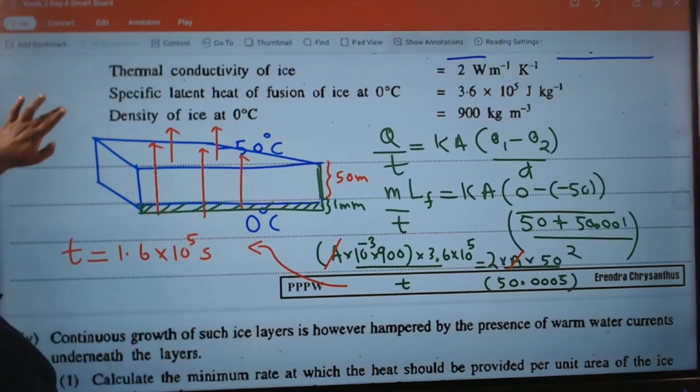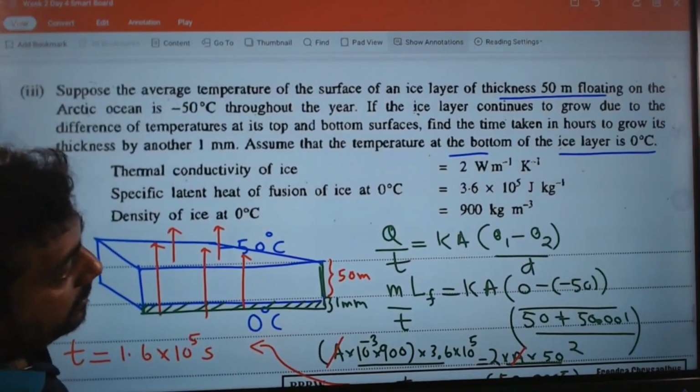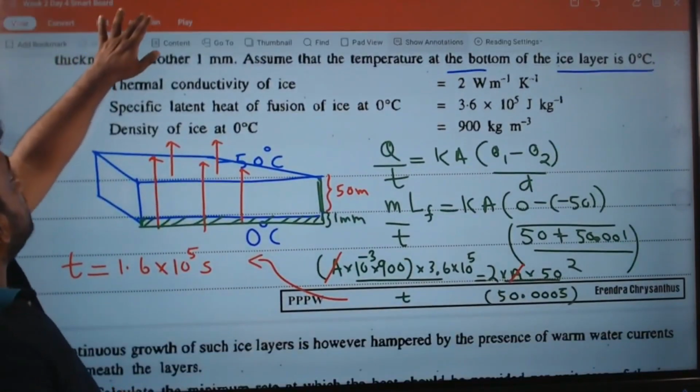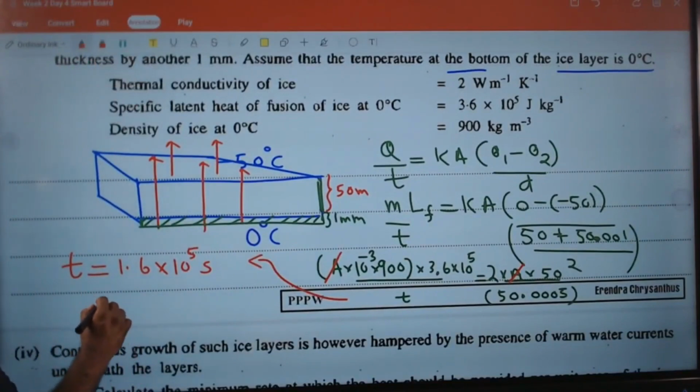Do they want in seconds or hours? In hours. So in hours how much? 1.6 10 to the power 5 divided by 3600.